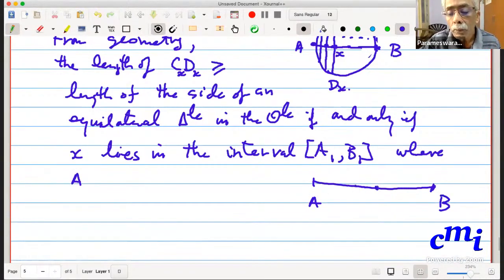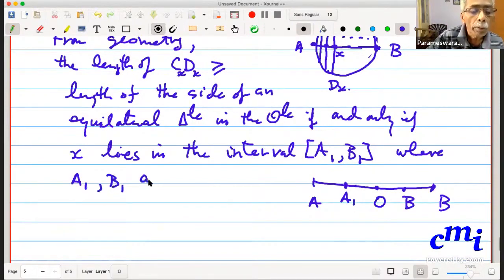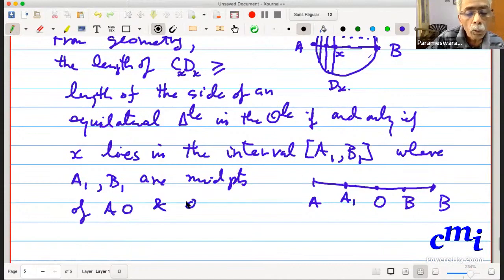So this is the center O. And now A1 and B1 are midpoints of AO and OB, where O is the center of the circle.